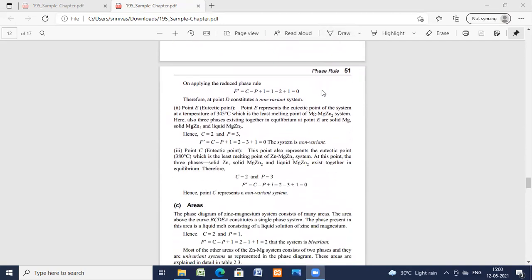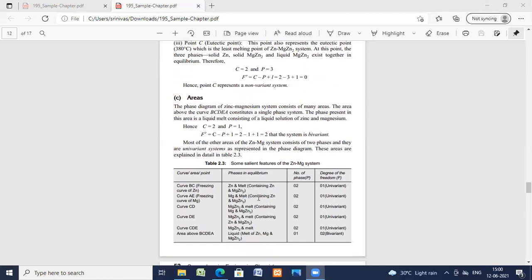Components are 2, and phases are 2, solid and liquid melt. So P is 2 and C is 2.